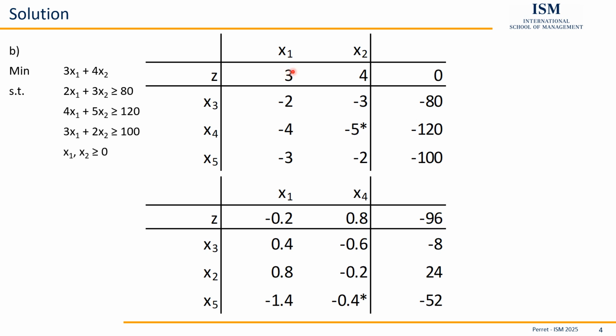Well, we consider the value we want to change, for example, here the 3. And we consider it as one corner of a rectangle, the pivot element being the opposing corner of the rectangle. So for this, we get this rectangle here. Then we go with the calculation: original element minus this corner times that corner divided by pivot element. So here, 3 minus 4 times -4 divided by 5.